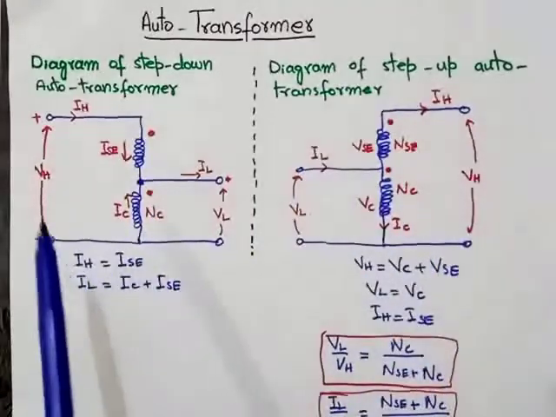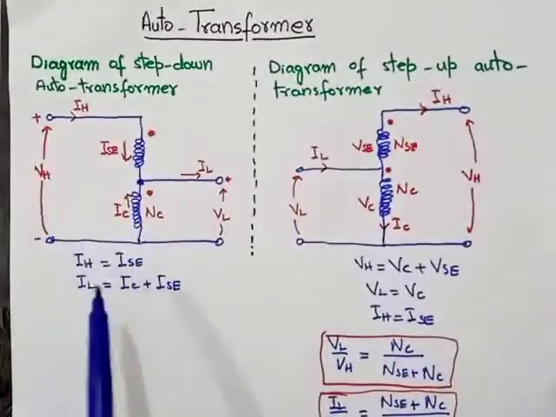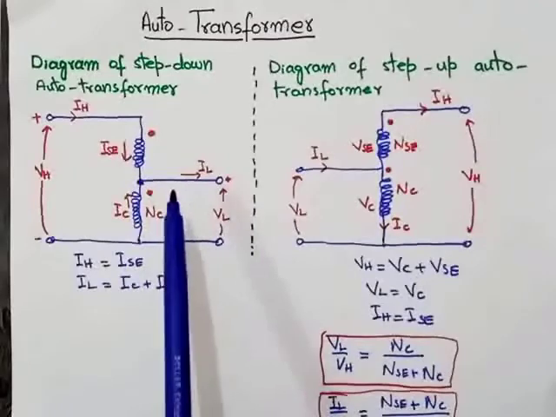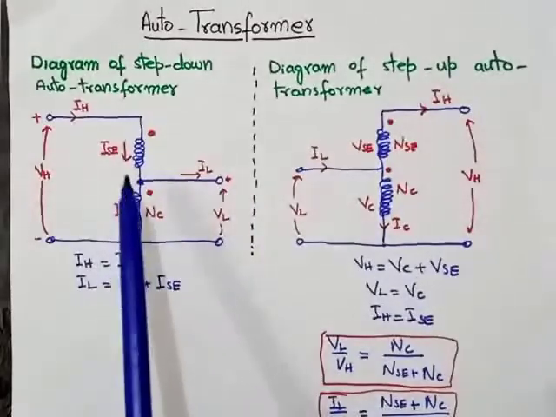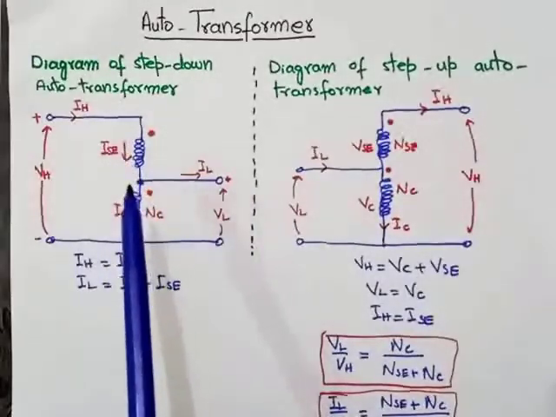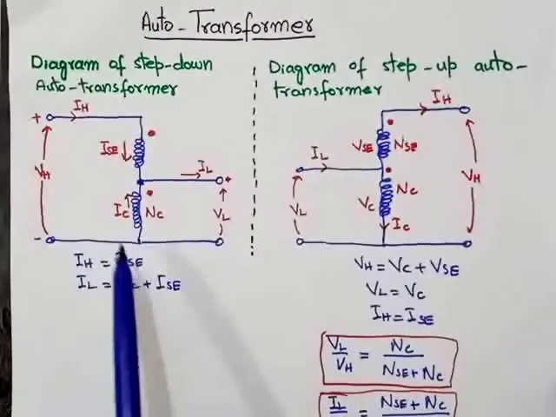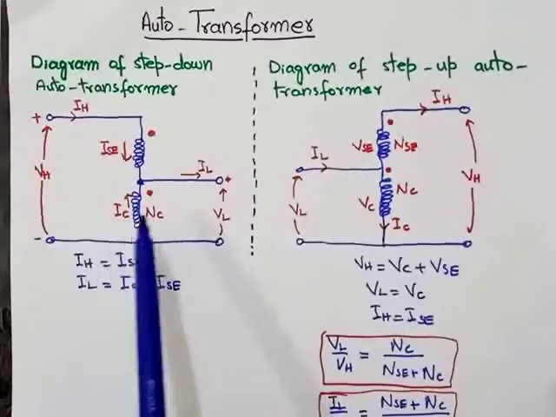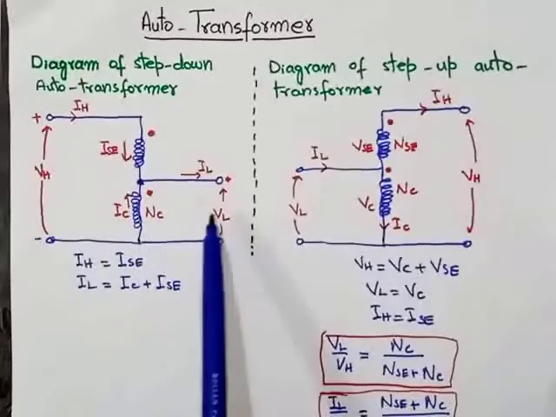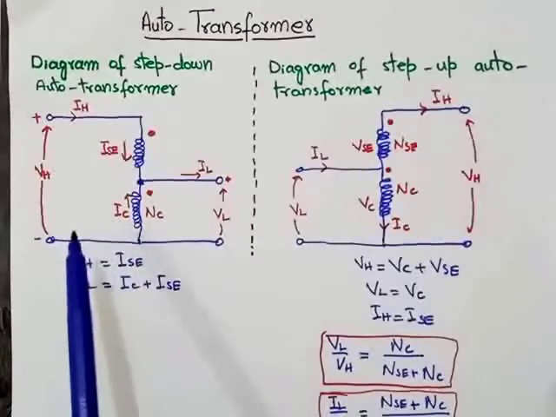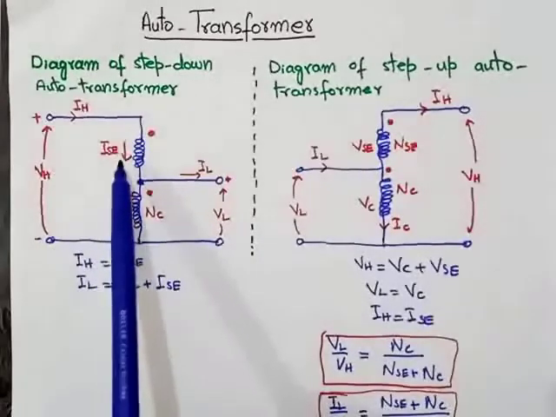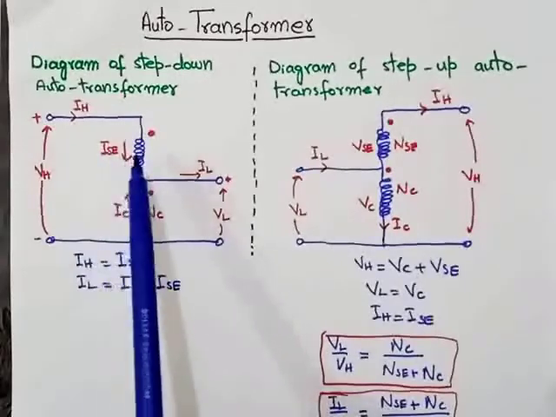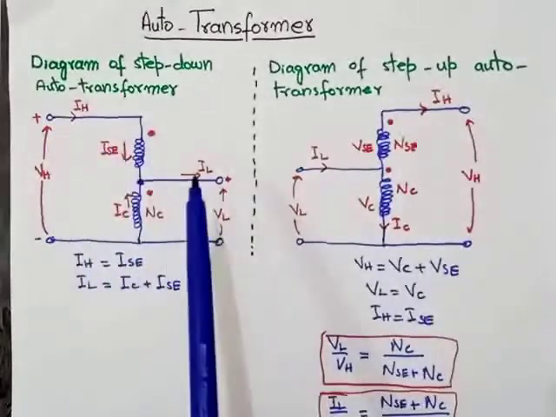And here on the high voltage side, IH will be equal to ISC, that is the series current, and IL will be equal to IC. IC means common winding, which is shared by the low voltage side and the high voltage side. This is the common winding and this is the series winding. SC means series, H means high, L means low voltage side.